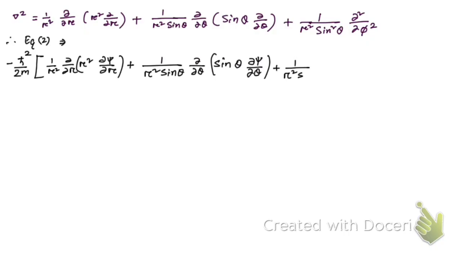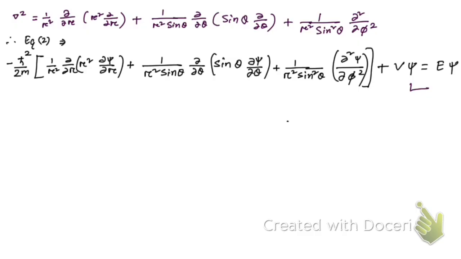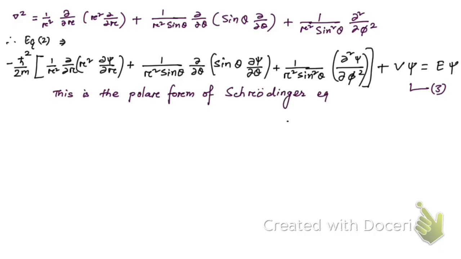Let me write the equation, suppose this is equation number 3. This is the polar form of the Schrodinger equation.